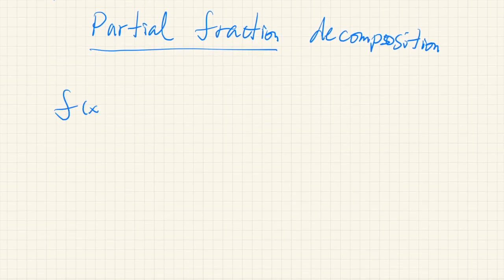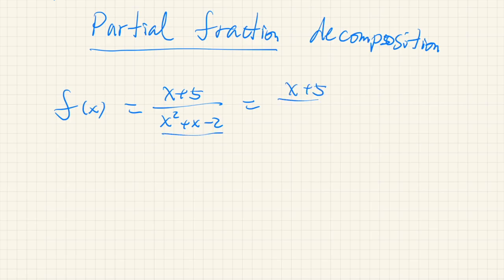Suppose we have this function f of x that is x plus 5 over x squared plus x minus 2. This is a rational function, and we can factorize the denominator as x minus 1 times x plus 2, right?